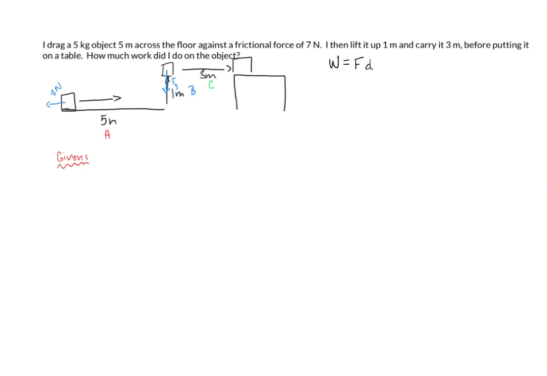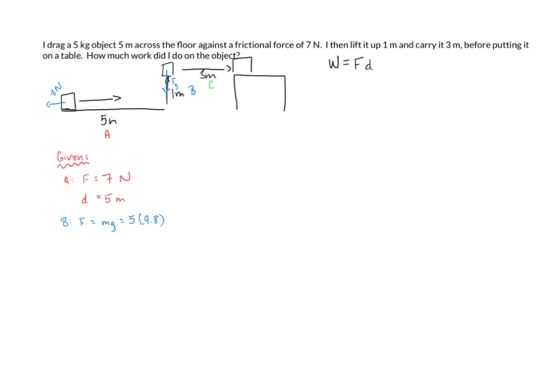For section A, the force is going to be 7 newtons, and that force is being exerted on our object across a distance of 5 meters. Let's also talk about part B. Our force is going to equal m times g, gravity, which is 5 times 9.8.